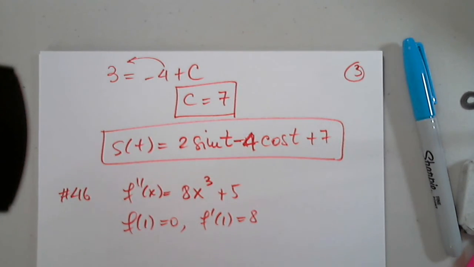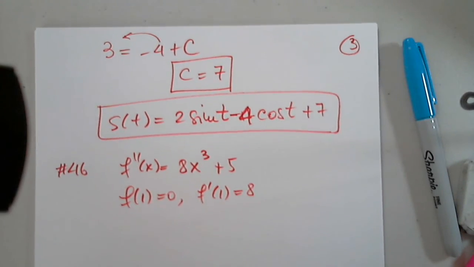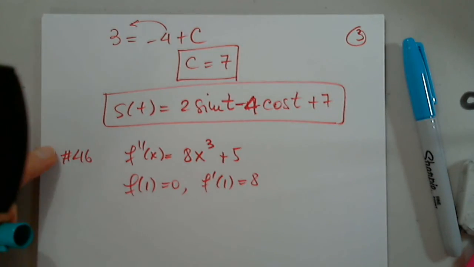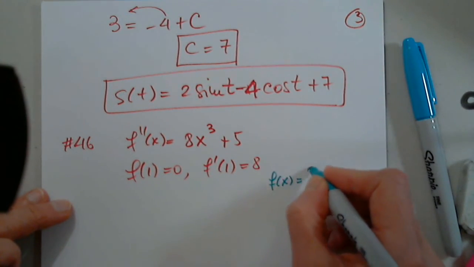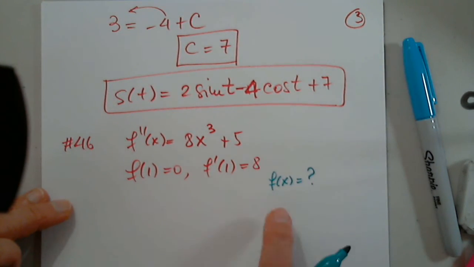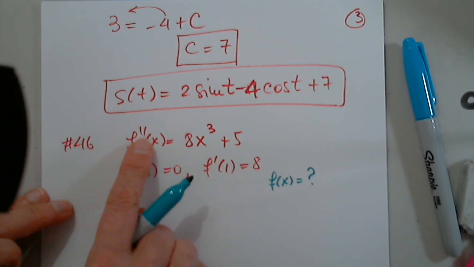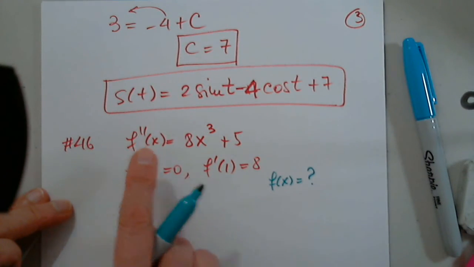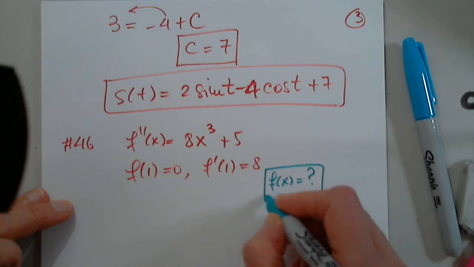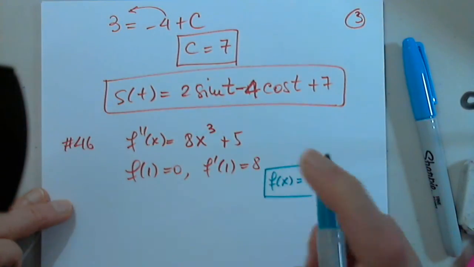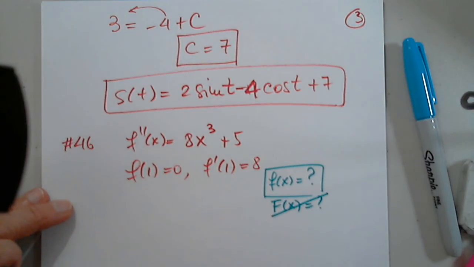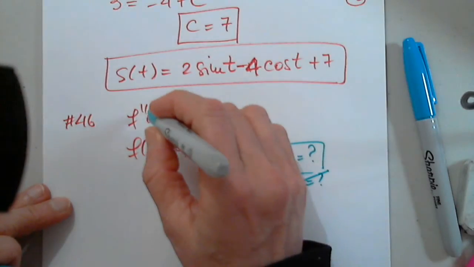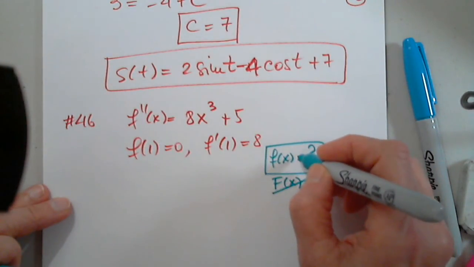Okay, good, perfect. So for this problem, we are asked to find the function. Why not uppercase F? Because I have f prime or f double prime, right? If this were f of x, I would be looking for uppercase F of x, but that's not the case here. I cannot jump from the second derivative to the function.